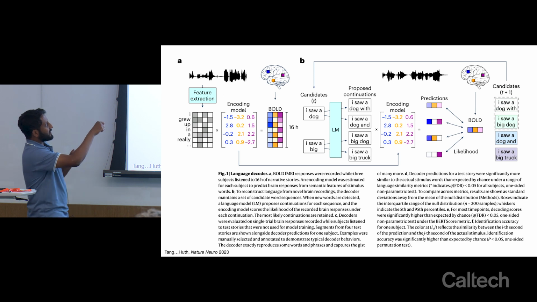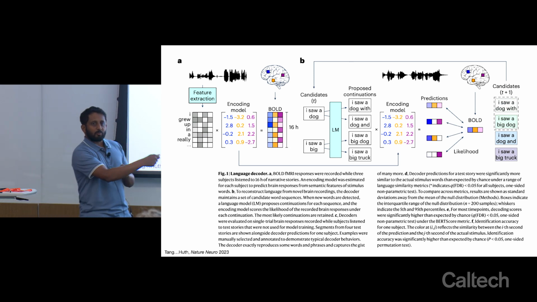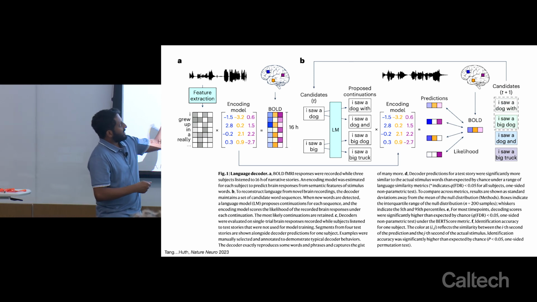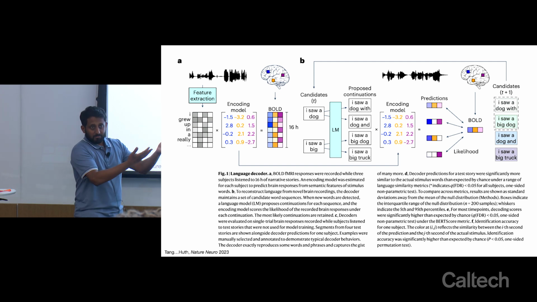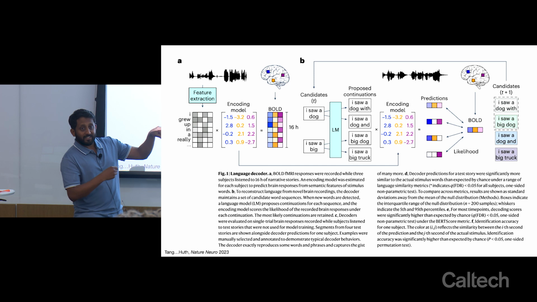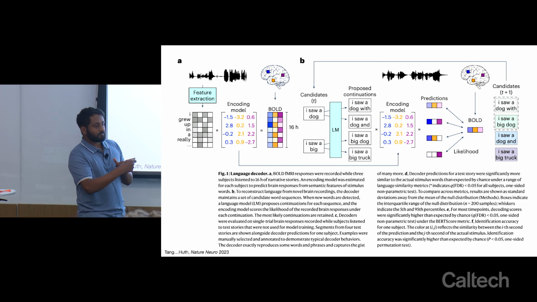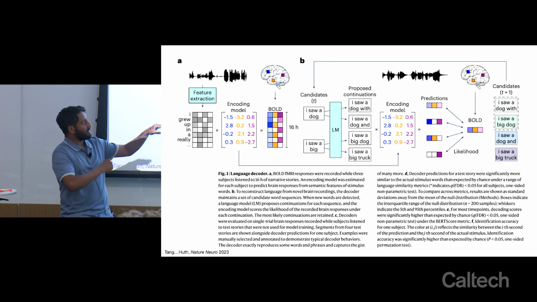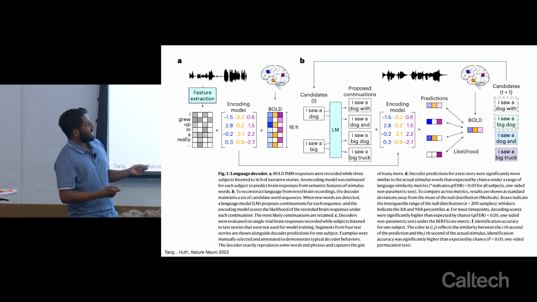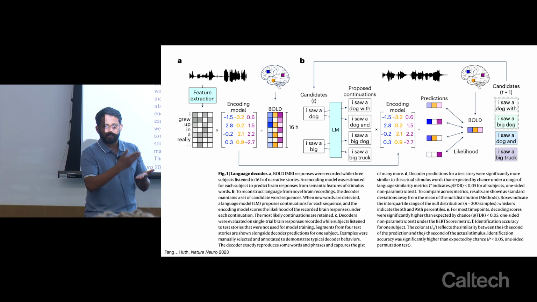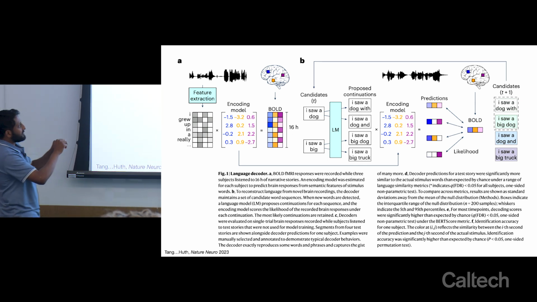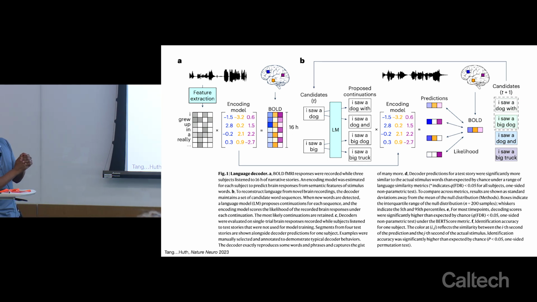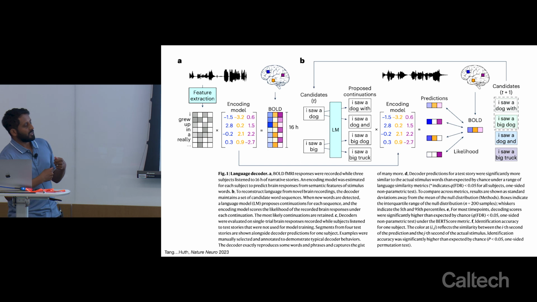The language model is going to give you the probability of the next word. "I saw a dog with" is one probable outcome. "I saw a dog and" is another probable outcome. Or maybe a different candidate that you previously computed was "I saw a big." And then the language model is going to say, okay, what's the likely next word? And that's where you get P of S from.